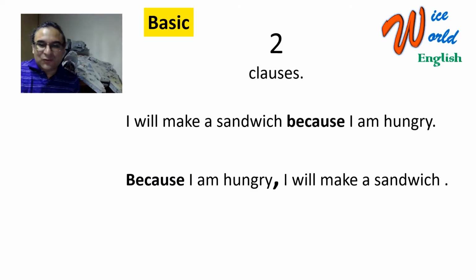So I started with because in the second sentence. What do you notice different? The comma, right? So that's something that we need to take into consideration, right? Remember the correct punctuation. If you start with because, that would be the dependent clause, right? If you start with a dependent clause, you will need a comma, right? Starting with because.